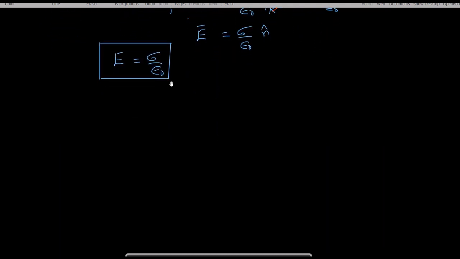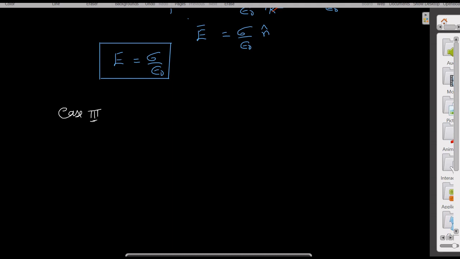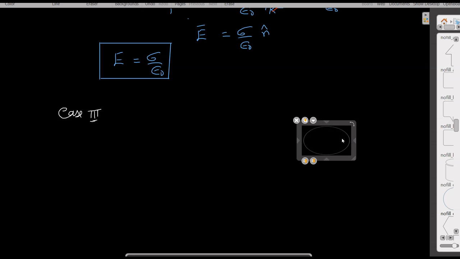Now let us consider a third case, case 3, which is, we imagine the Gaussian surface to be inside the spherical shell of charge. Gaussian surface is well inside the spherical shell of charge.